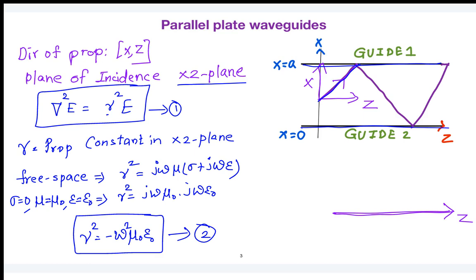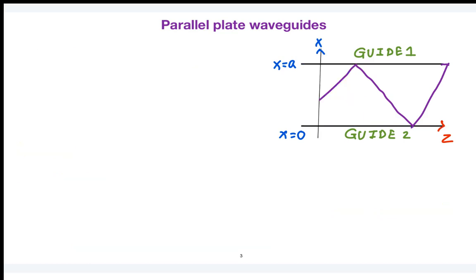Next we will try to solve the wave equation, similar to what we have done in wave propagation. So del square E is equal to gamma square E, where gamma square is equal to minus omega square mu naught into epsilon naught.